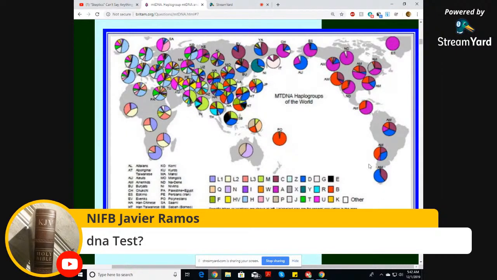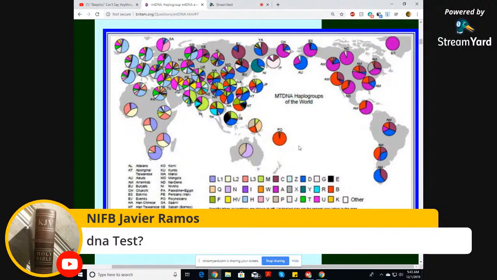So yeah, the M does seem to be, and we got the C, which is this dark purple color. It's also highly represented in Asia and the Americas as well. So that holds true.